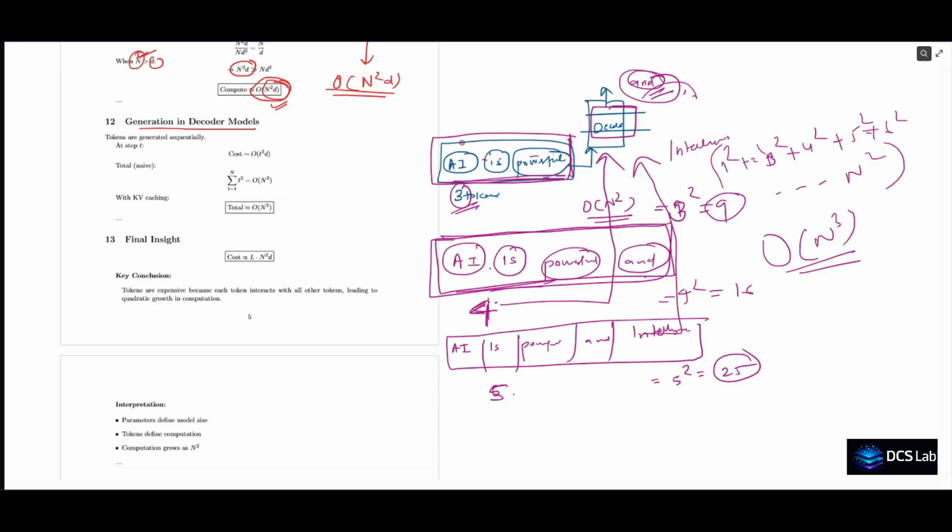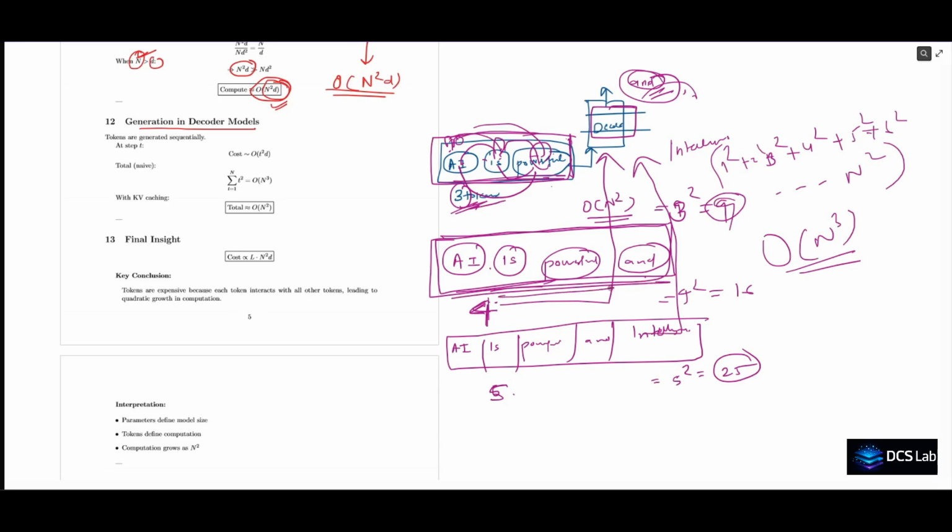So how is AI, the attention scores between AI with is with powerful. Similarly, the attention score of is with AI, is with itself and powerful, and powerful with AI, is and powerful itself. So every word with every other word we're calculating the attention, hence we got 9, right?